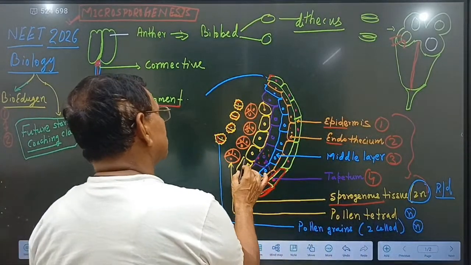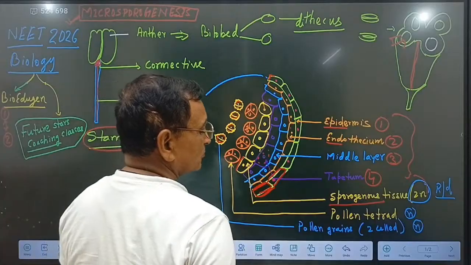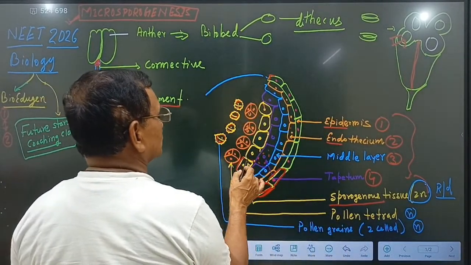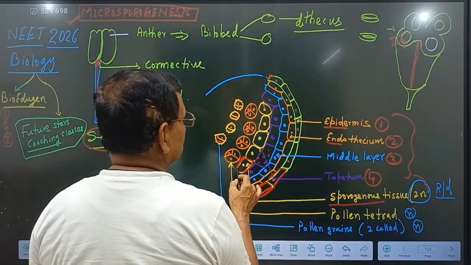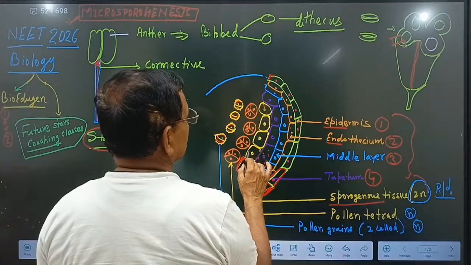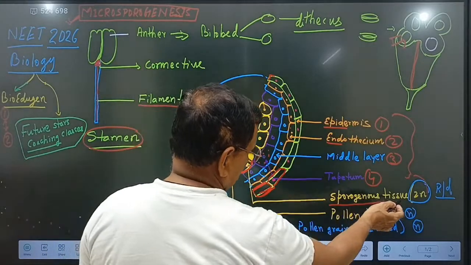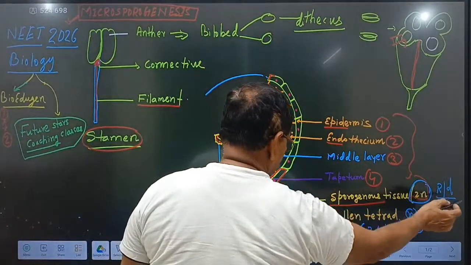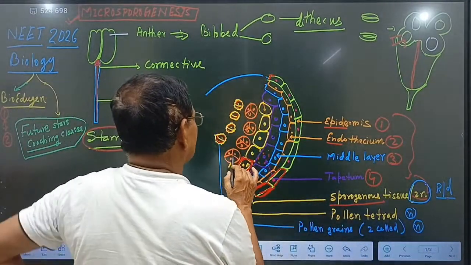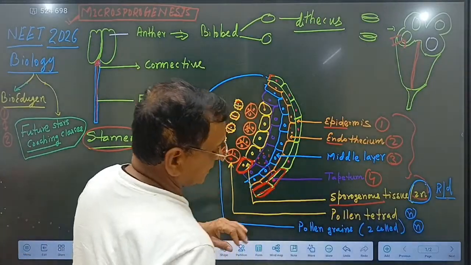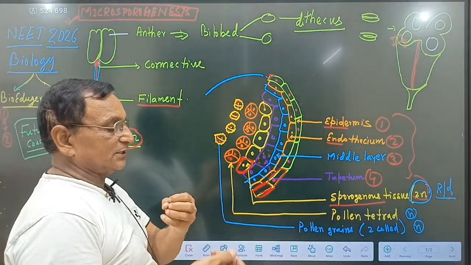Now this sporogenous tissue is also known as the pollen mother cell. It undergoes reduction division. The sporogenous tissue, diploid meiocytes, undergoes reduction division to form four haploid pollen tetrads. Three are observed in the tetrahedral structure and one is hidden.